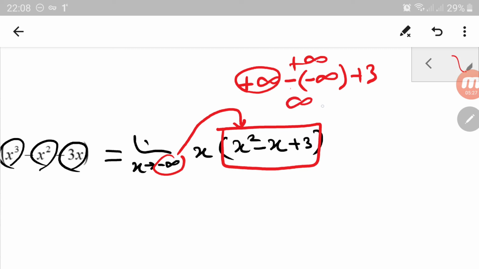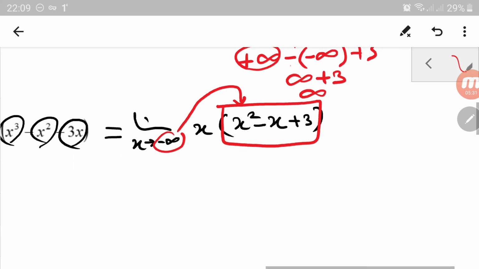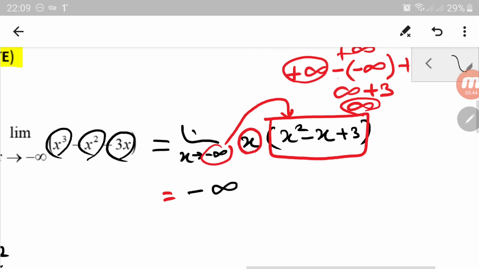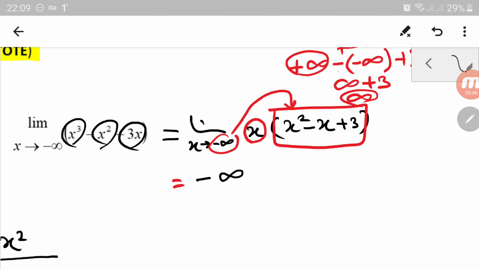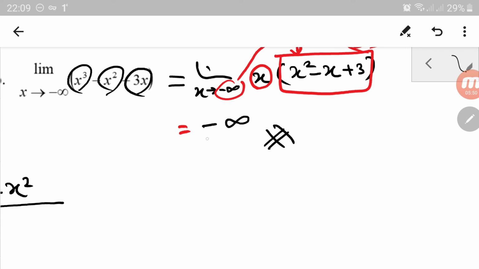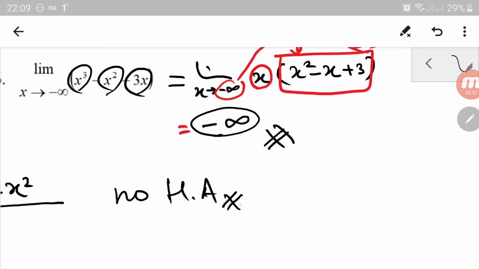So it is another big number plus 3, also another big number. And then this big number multiplied by the one outside, which is a negative big number, gives a negative big number. Therefore, this is the limit. Since the limit is like this, there is no horizontal asymptote.